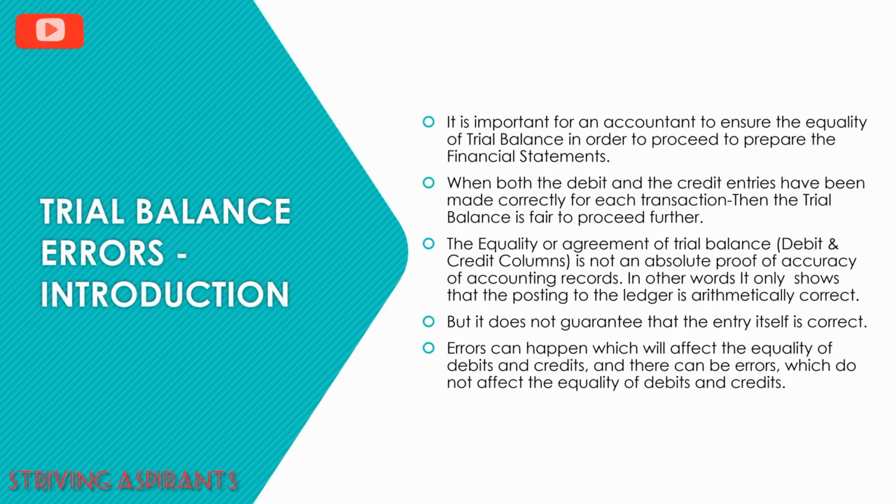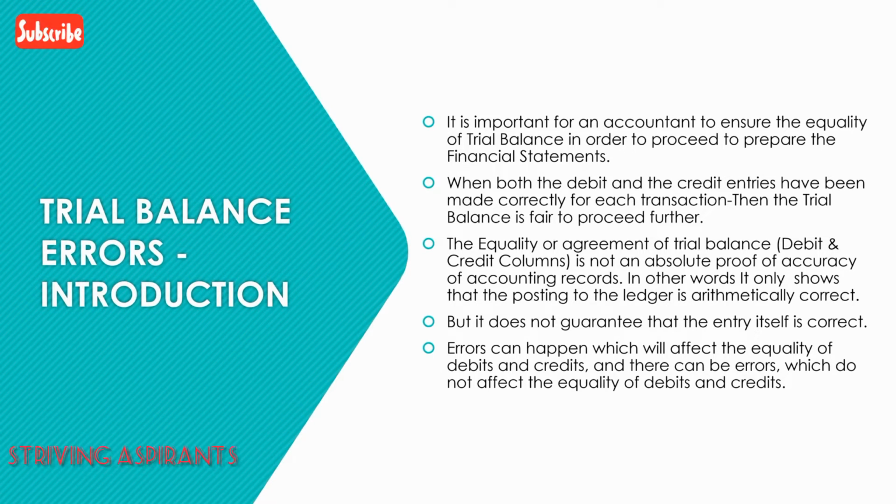Means whatever ledger balances we have posted to the trial balance, that arithmetical correctness only we can conclude. While posting the balances from the ledger accounts to the trial balance, errors can happen which will affect the equality of debits and credits, and there can be errors which do not affect the equality of debits and credits.